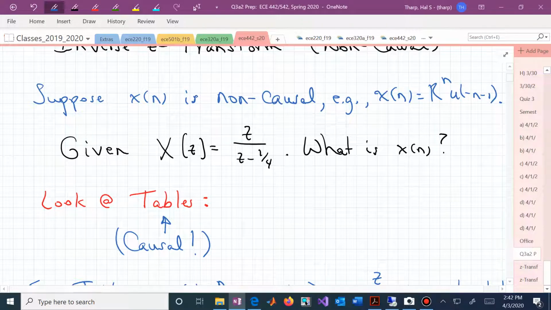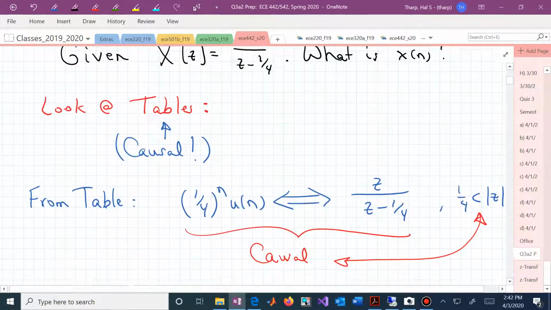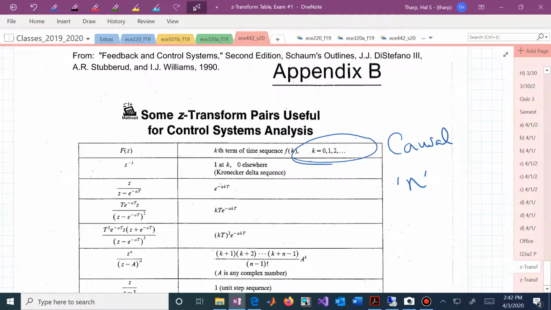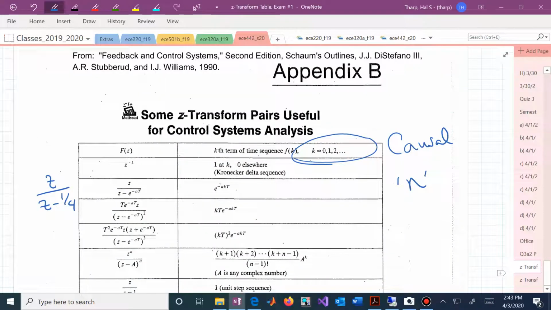But let's go through this example, and hopefully by the end of this preparation, you'll understand what I'm trying to communicate. From the first exam's Z transform table, we're looking for z over z minus 1/4. This is e to the minus at to the k, and again, k is our n.